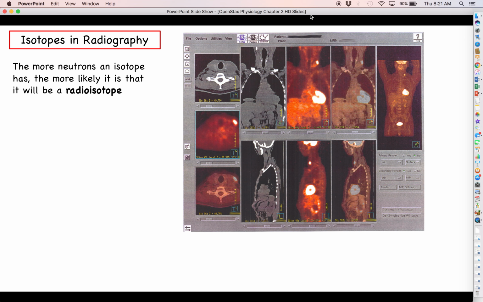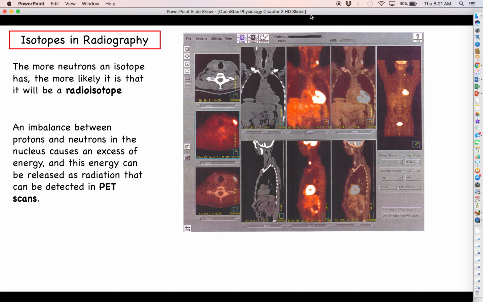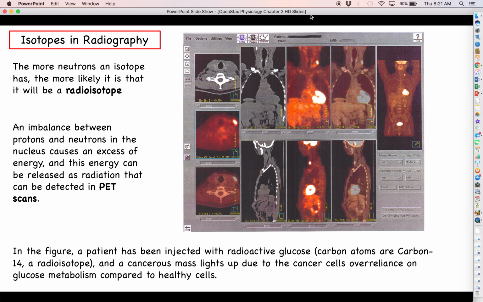The general idea is that for a particular element, the more neutrons that atom has, the more likely it is that it's going to be unstable and give off radiation naturally. And thankfully for us, this radiation can be detected in PET scans.